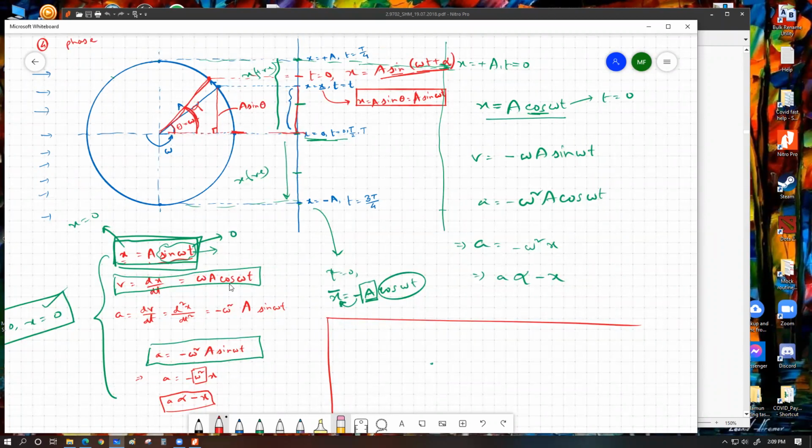Well, if you wonder what if an object starts from here, it's possible that this angle with the horizontal is minus beta. I'm using minus because it's a clockwise angle. So if you want to start the observation from here, with t equals to 0 considered here, you might as well write x equals to a sine omega t minus beta, and then you can just go ahead with your equation.